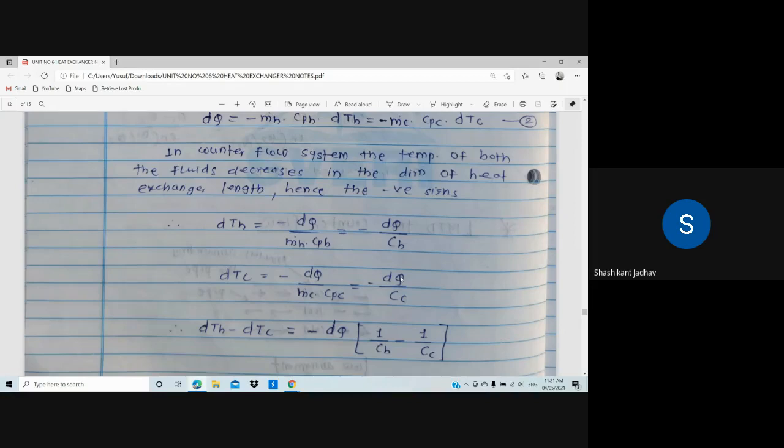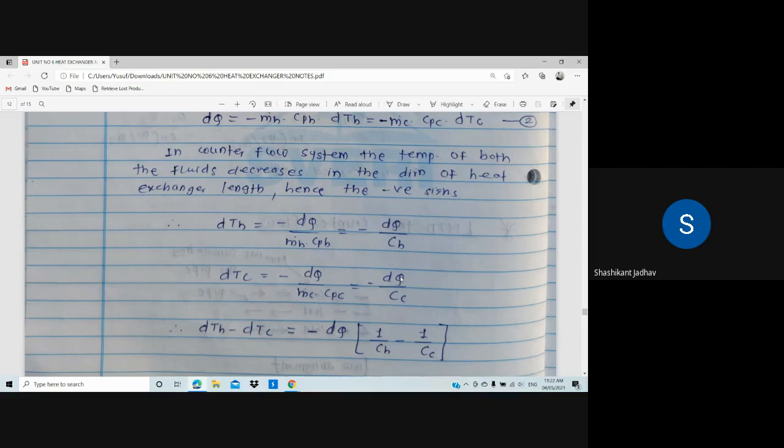Then, in the next step, we have to take the difference of these two equations. Therefore dTh minus dTc is equal to minus dQ into bracket 1 upon Ch minus 1 upon Cc.